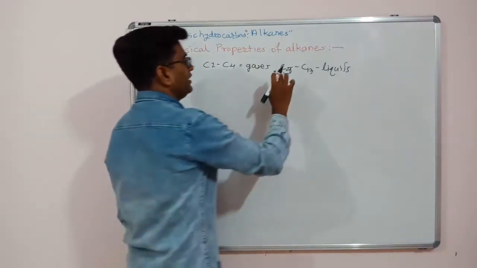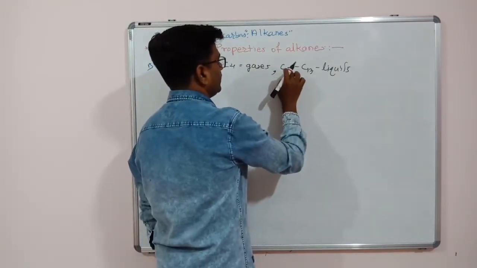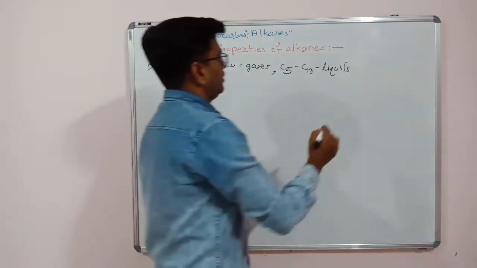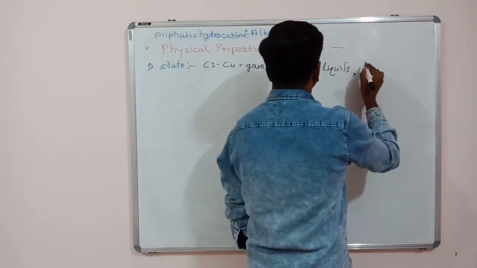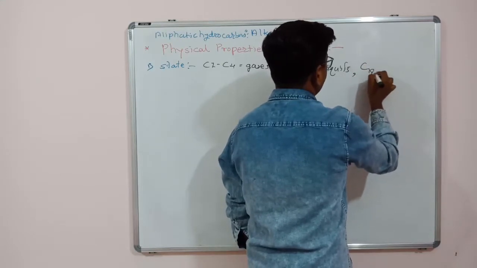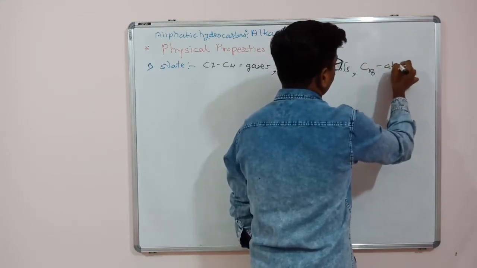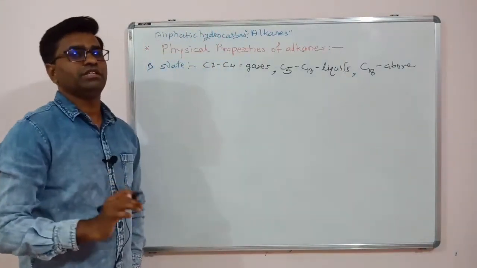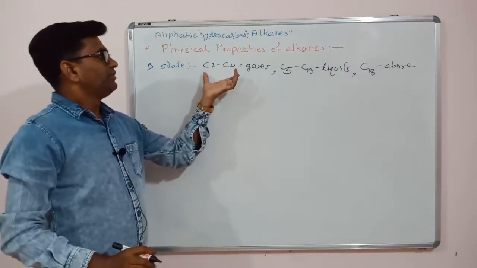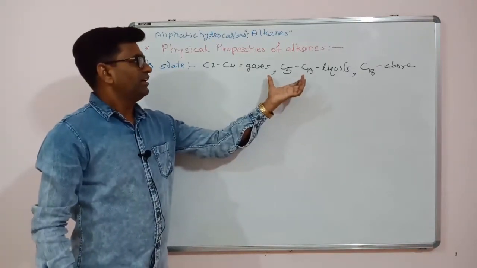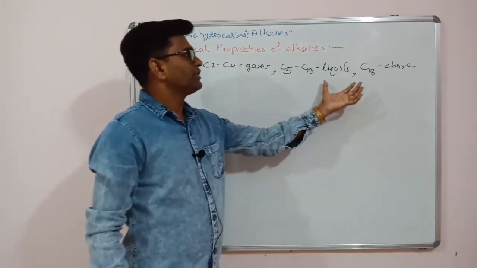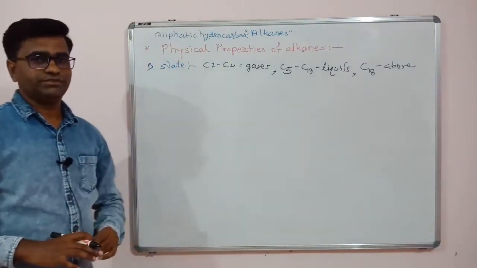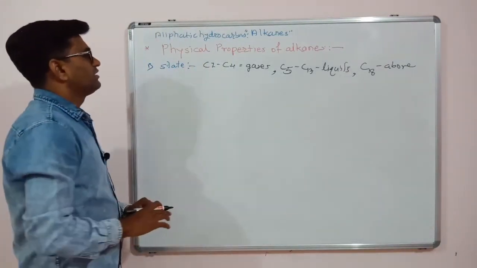C18 and above are mostly colorless or white solids. So first 4 are gases, C5 to C17 are liquids, and C18 and above are colorless or white solids. So these are the physical states.